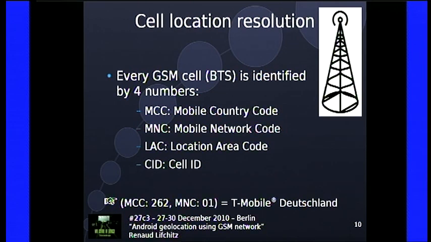Third number is a code about the area you are in. Cells are grouped into areas, and usually big cities are divided in 5, 6, 7 large areas, which can be more for some cities.